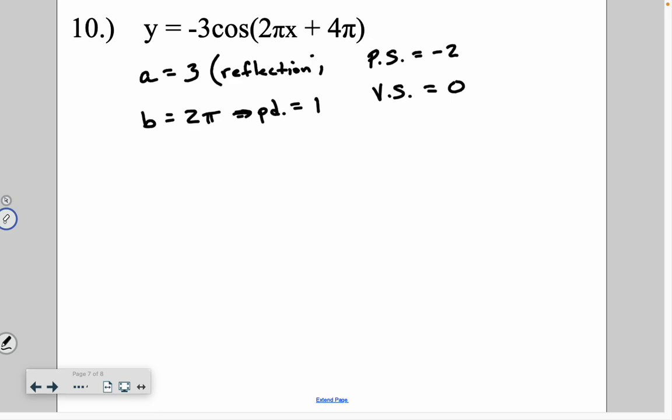And now we use it to create this cosine wave. Okay? So we're starting here. Since there is no vertical shift, I'm going to leave the y-axis, because since my phase shift is -2, we'll put that when we switch from negative to positive. I'll throw a y-axis in like we did yesterday. So let's say that is our -2.